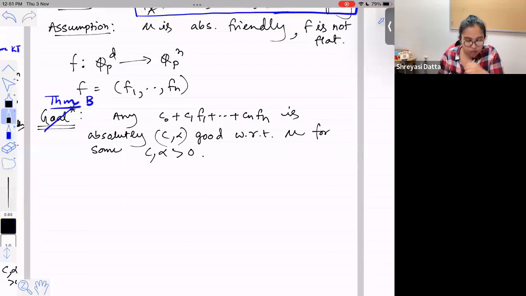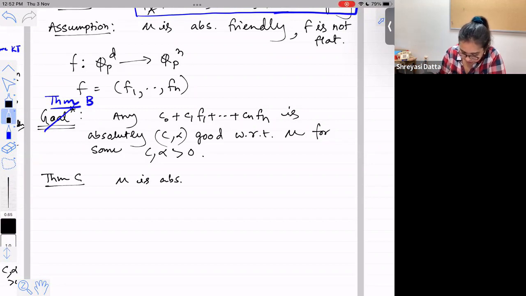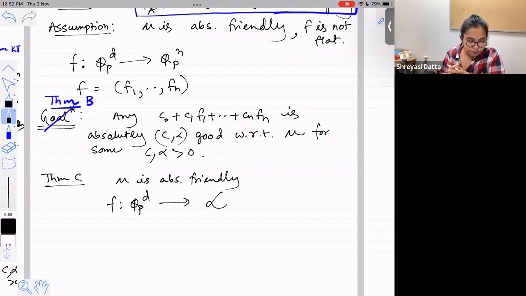So for instance, instead of non-flat maps, let's say we take a flat map. Let me say theorem C. Let's say mu is absolutely friendly, and F is a map from Q^d to an affine plane, such that although the map is not flat inside Q^n, L is the intersection of all affine subspaces where the image is.